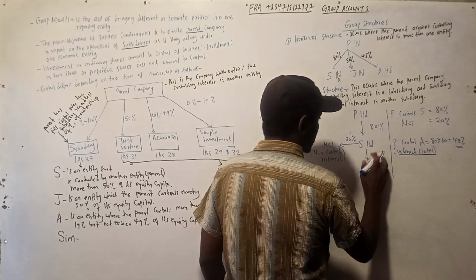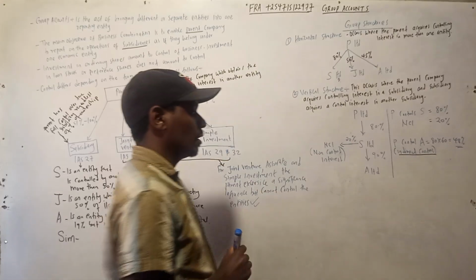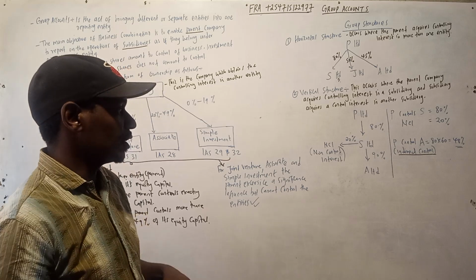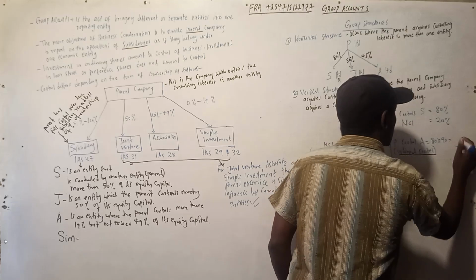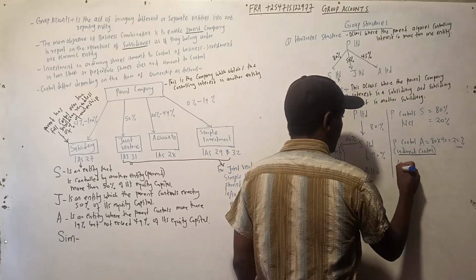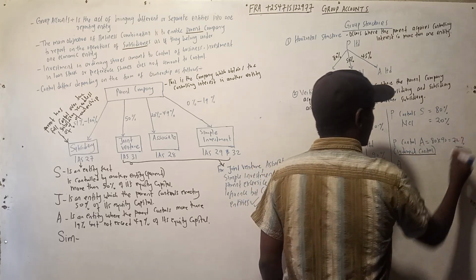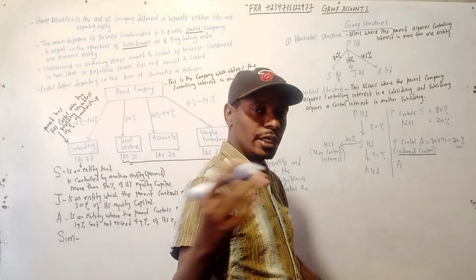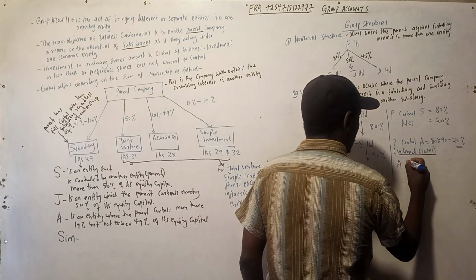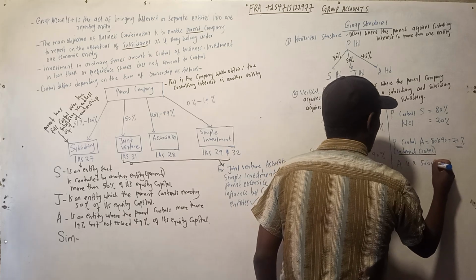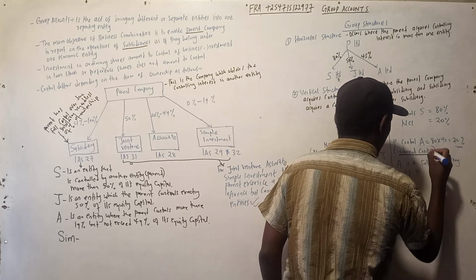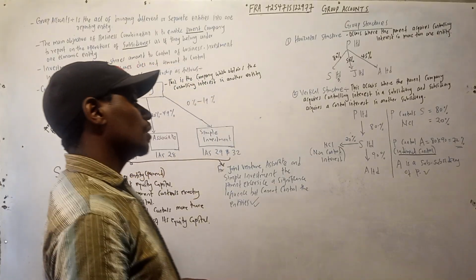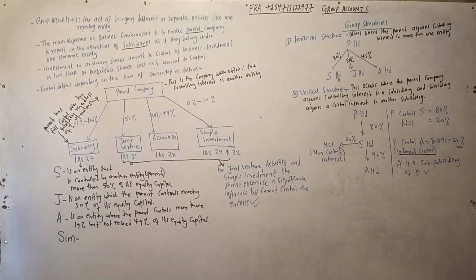Also, you can have, for example, let's say this one is 90% now, and not 60. Meaning, in this case, it will be 80 times 90, which is 72. Now, because 72 is between 51% and 100%, we can say that A is a subsidiary of P. Reason why?